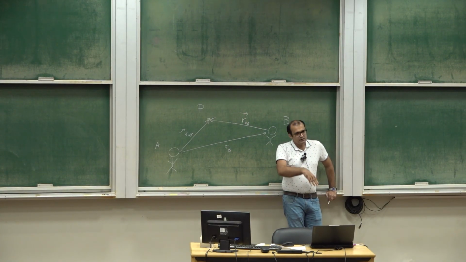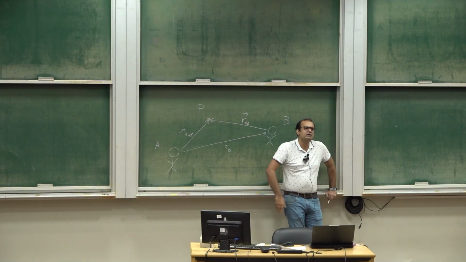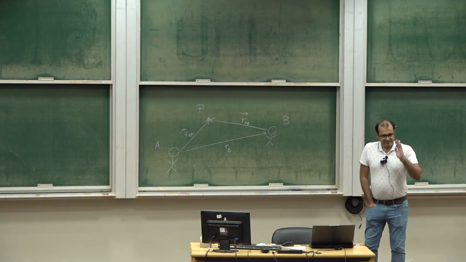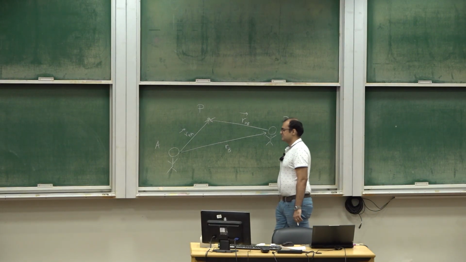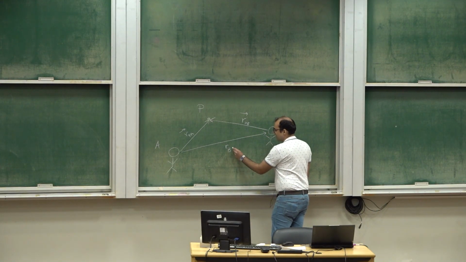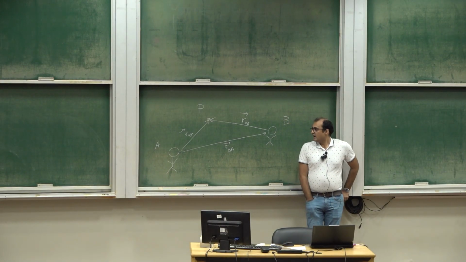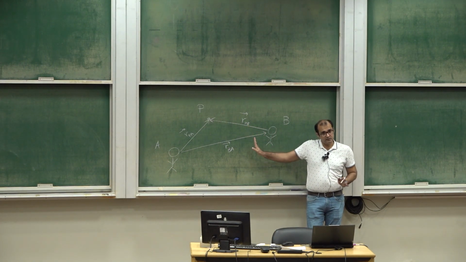Of course, if the ball is going up, an observer on the ball would say that I am stationary, it is these guys who are moving. So it depends on your frame of reference. Anyway, so this is RBA, right? And from this diagram, this object P is moving.